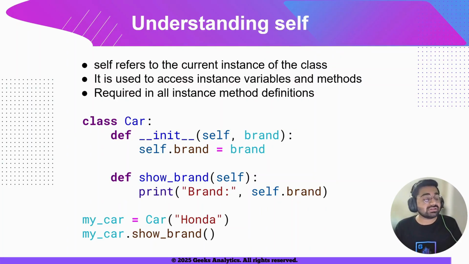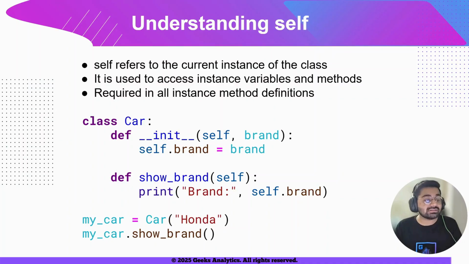So once we define the initialize constructor, the init, and we are passing self and brand, then whatever function we define, let's say def show_brand, I can simply pass self. When I do my car dot show brand, it will automatically fetch the self.brand variable based on the my car object that was created.